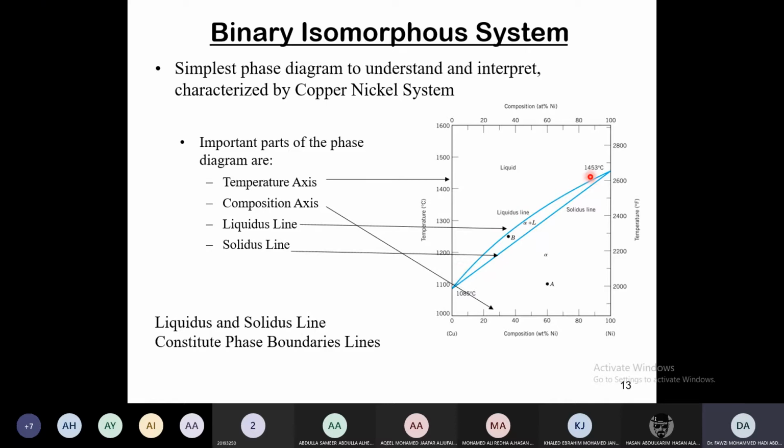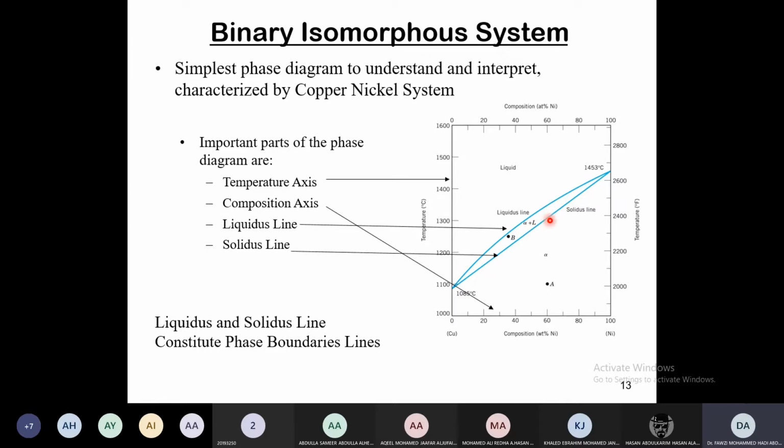So this is the liquidus line. And the other line here, as you could see there, below that line, everything is a solid. And basically, we call that solid alpha solid solution. So the alpha solid solution. So below that line is all solid, and that's why we refer to it as the solidus line.